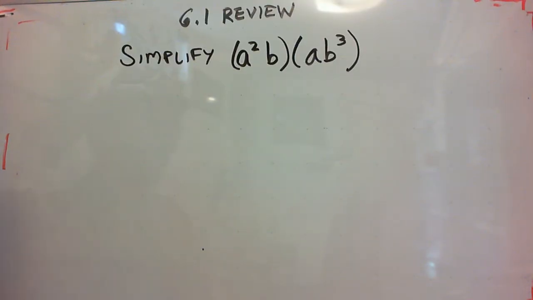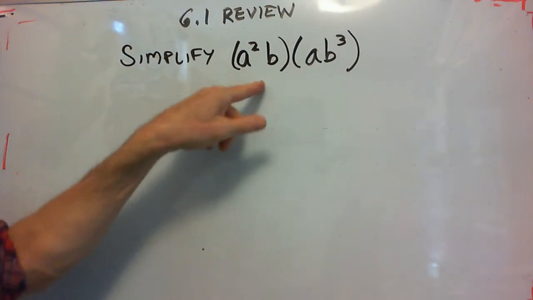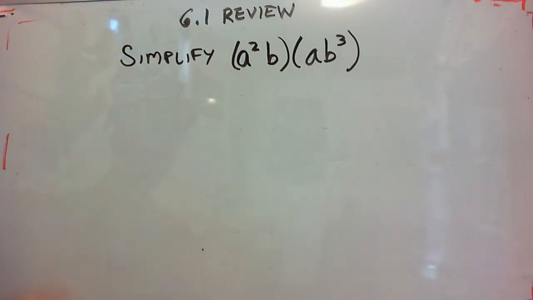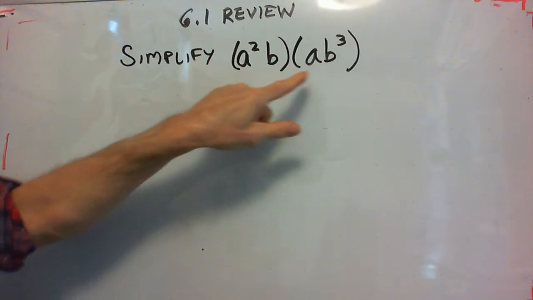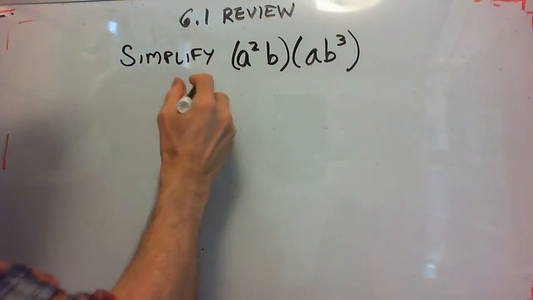First problem. Simplify a squared b times ab cubed. First thing to recognize is when you have these parentheses together, that means you're multiplying everything. The first thing I would do is get rid of those parentheses and just rearrange this.